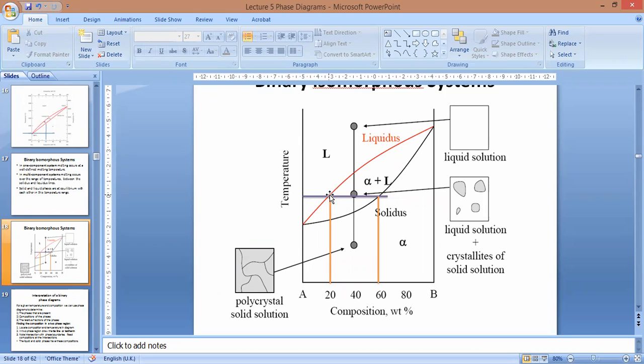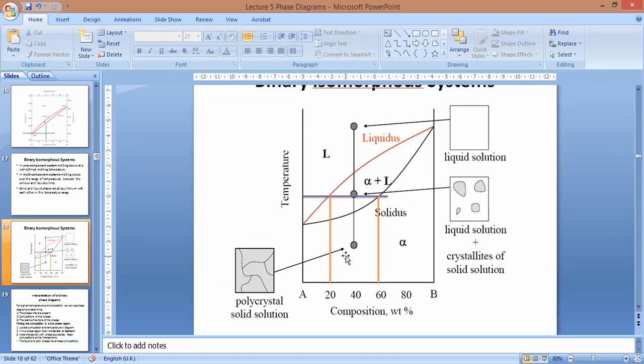Where it touches the liquidus and the solidus lines, you drop the lines down, and you get your compositions there. You have 20 and 60. Remember here we have 40.